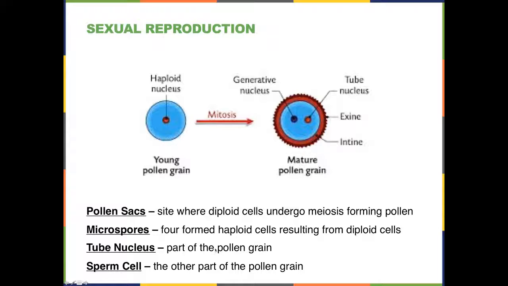So each pollen grain ends up, after all these divisions occur, with 2 nuclei. One haploid nuclei, which is the generative nucleus, one haploid nuclei, which is the tube nucleus. And in a second, I'll show you how these two are important. These reside inside a fairly thick coat. And this entire thing here is called a mature pollen grain.